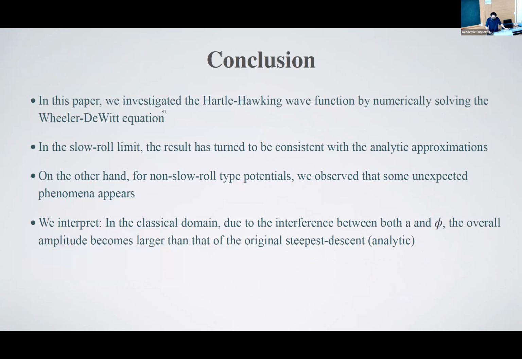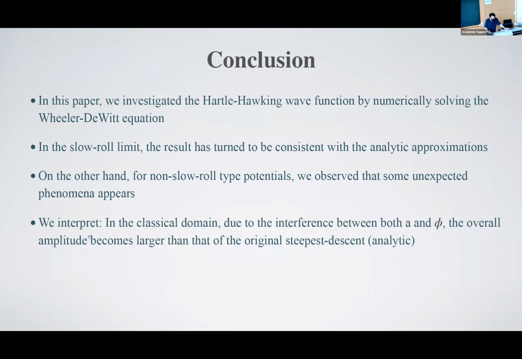Okay, so, conclusion. In this paper, we investigate the Hartle-Hawking wave function by numerically solving the Wheeler-DeWitt equations. In the slow-roll limit, the result turned out to be very consistent with the analytic approximations. On the other hand, for non-slow-roll type potentials, we observe that some unexpected phenomena appear.